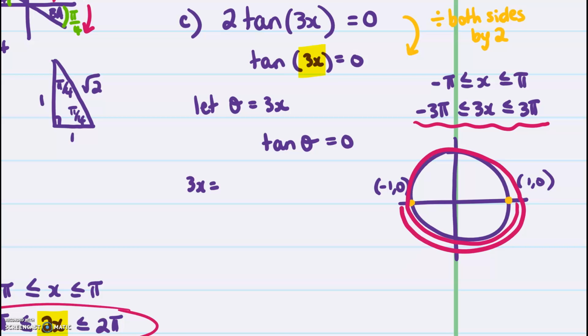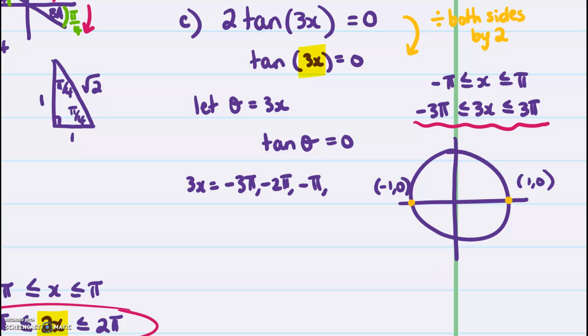Let's just undo that bit. So 3x equals negative 3 pi, negative 2 pi, negative pi, and then 0, an angle of 0, pi, 2 pi, 3 pi. Just couldn't fit that on the one line. Finally, to finish off, you want x equals, not 3x. Divide everything by 3.